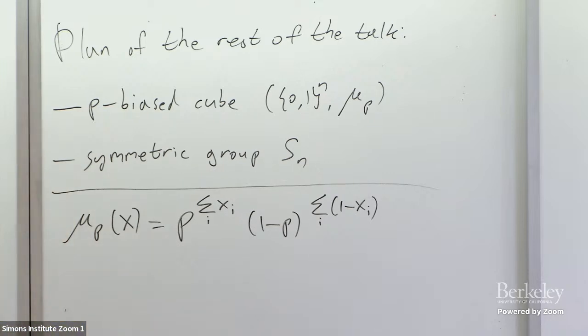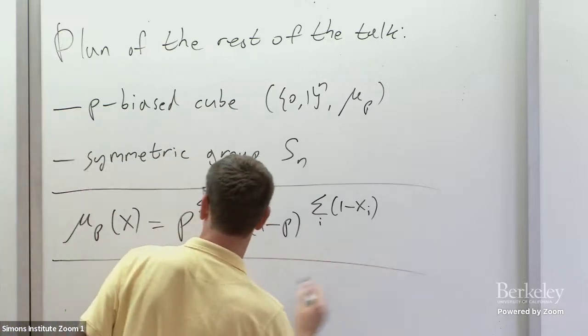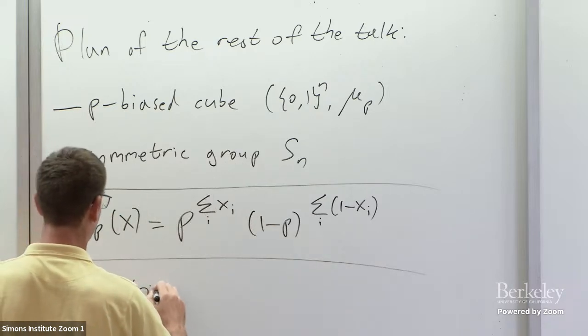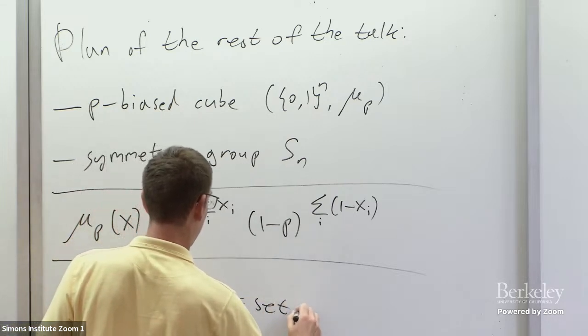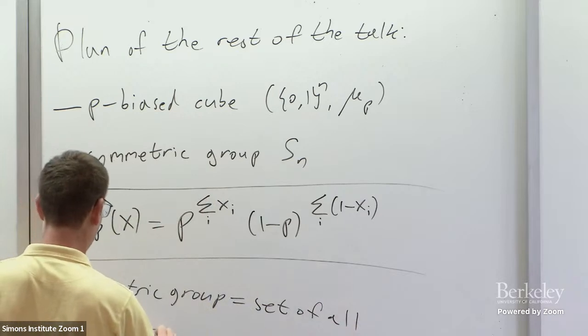Okay, so this is the p-biased cube. What is a symmetric group? We all know it's the group of all permutations of n elements. But here's how I want to think about it. A symmetric group is the set of all n by n permutation matrices.